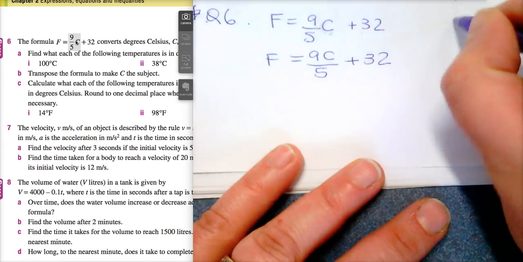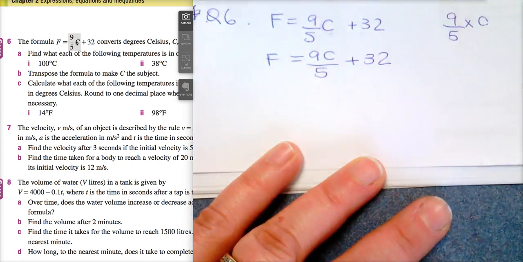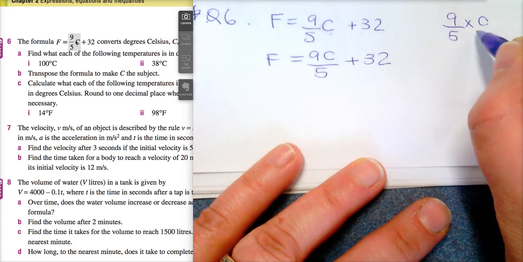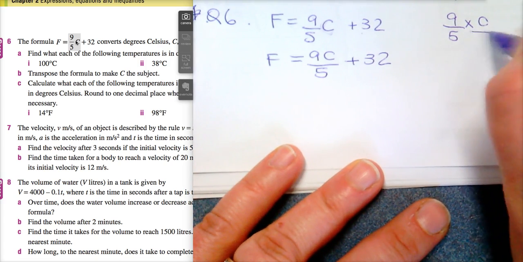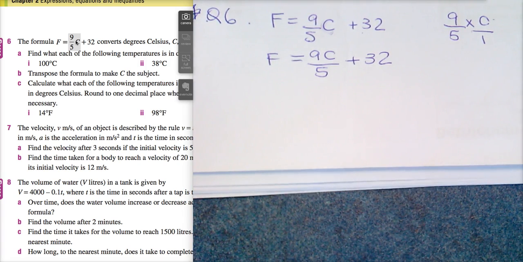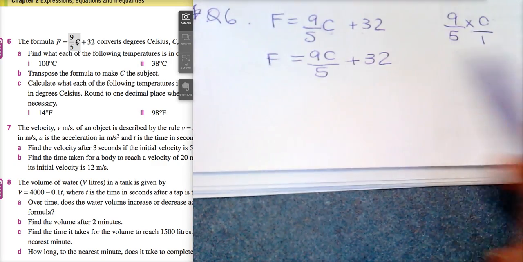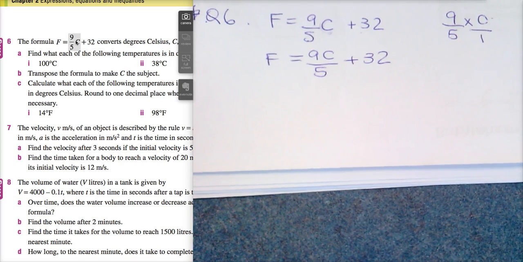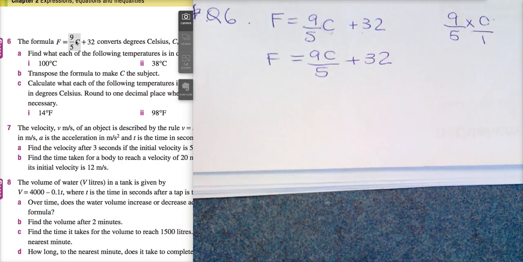Let's have a look. 9 over 5 times C. What does C mean? C over 1. C is on the numerator. So 9 over 5C means 9 over 5 times C. C is C over 1. It's 9C over 5. I had to really stress that because if you put it on the denominator, you're going to get it wrong.